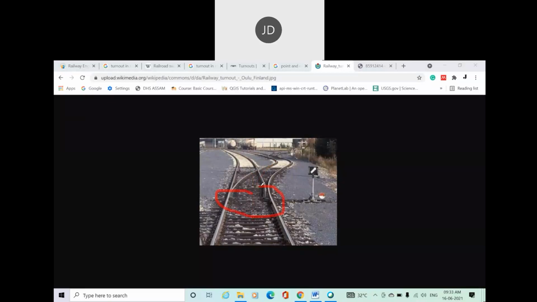How it works we're going to discuss. For now, just understand the basics and try to understand the important components of a point and crossing.